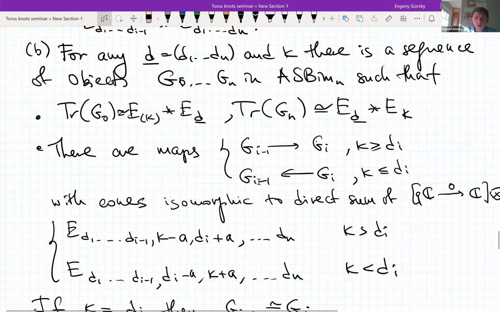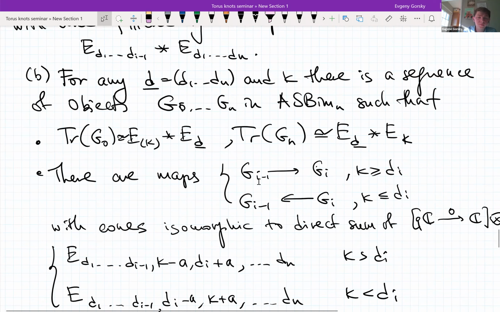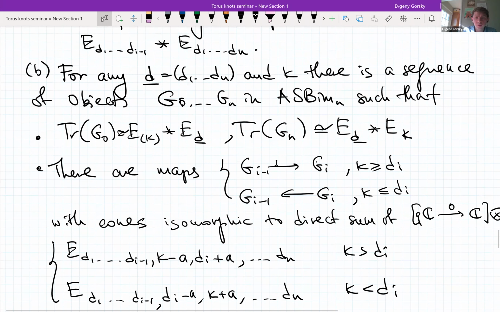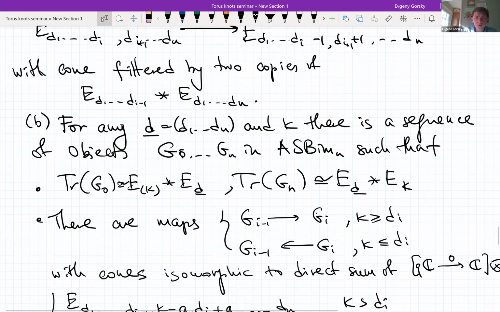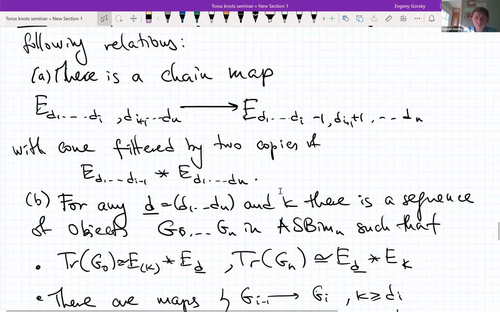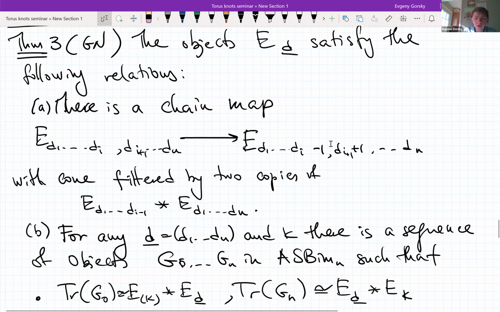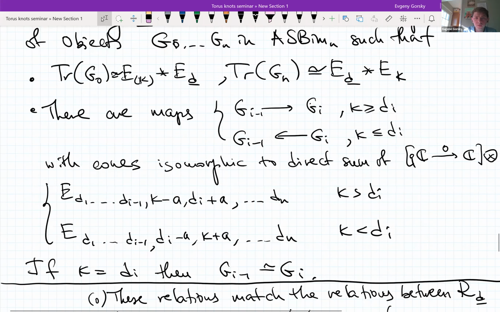Okay, and so again, we can have some explicit relations between E_G's, which are of this type and of this type, where you have the cone. You don't have a chain map from this guy to this guy with a filtration, but you have a chain map between this guy and all these intermediate steps, G_i, and these intermediate cones are filtered in a controlled way that we understand.